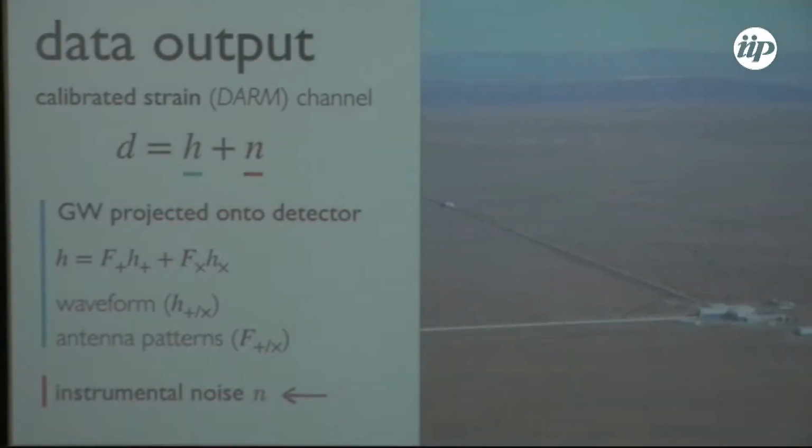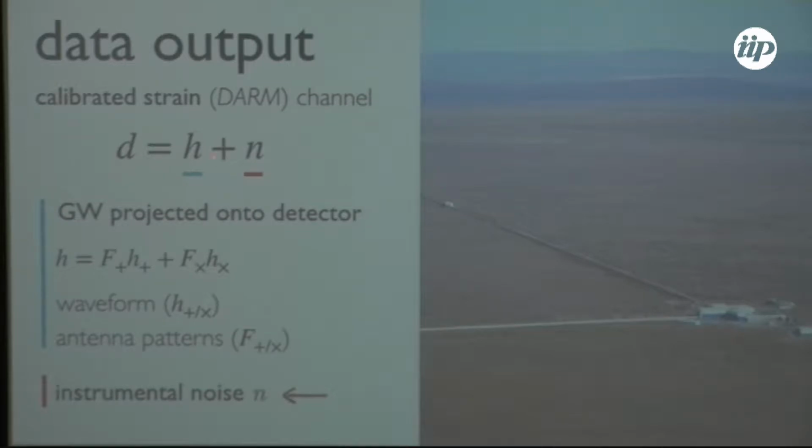But the real goal here is to produce this one data stream called the differential arm channel that is then turned into a calibrated strain, which represents the relative changing length between the two arms over the length as a function of time. And that you can write as this channel, so it's a time series. As we'll see, it's sampled at 16 kilohertz, so we have 16,000 data points per second.